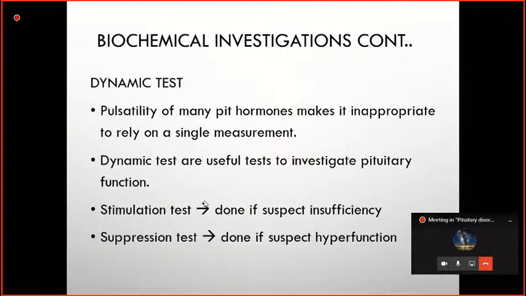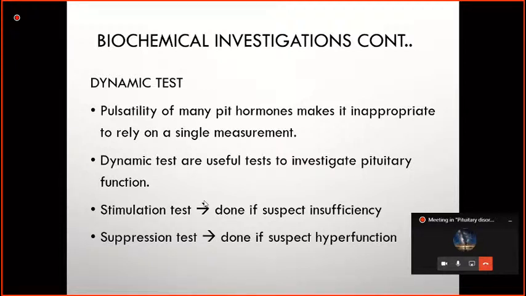One, because of the pulsatility of the pituitary hormones. That means if you take the level of that hormone, you might hit the level when it is at its lowest, at its nadir.